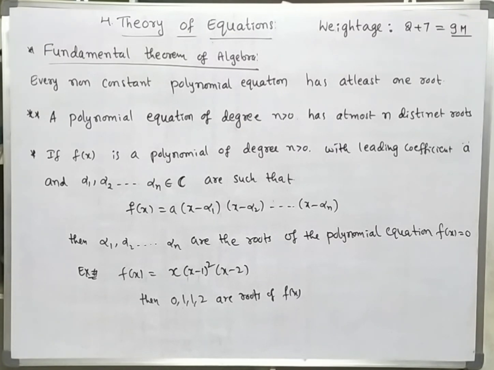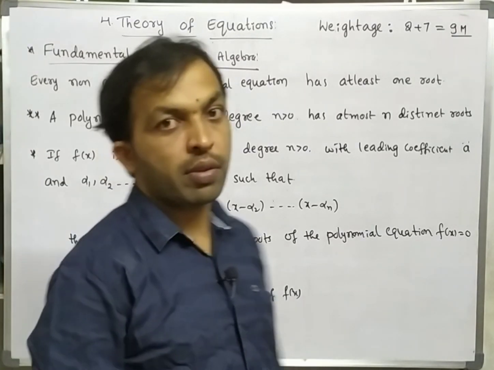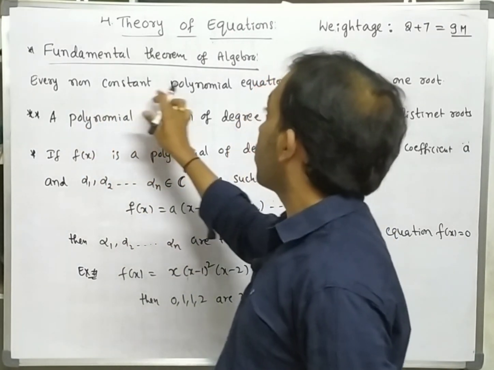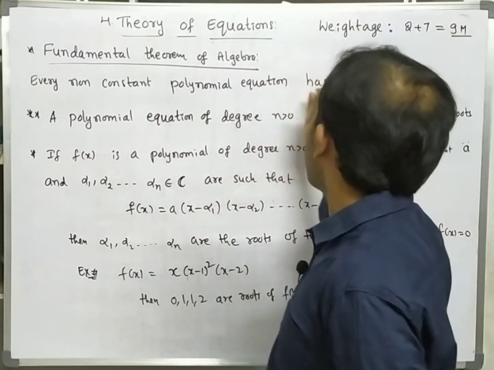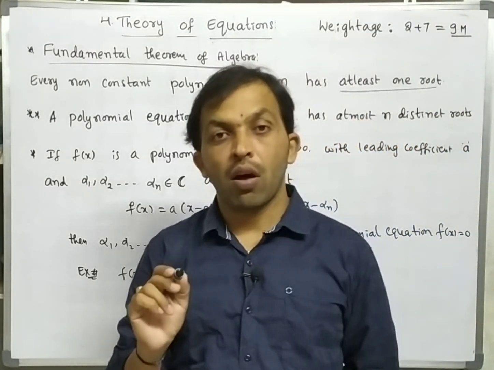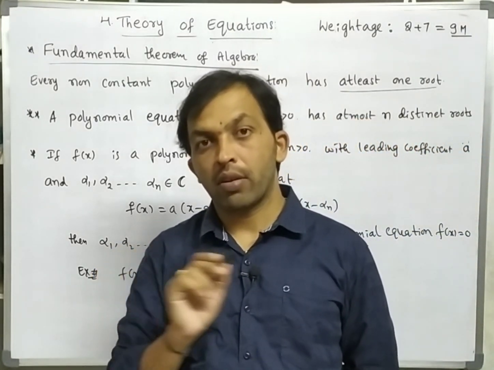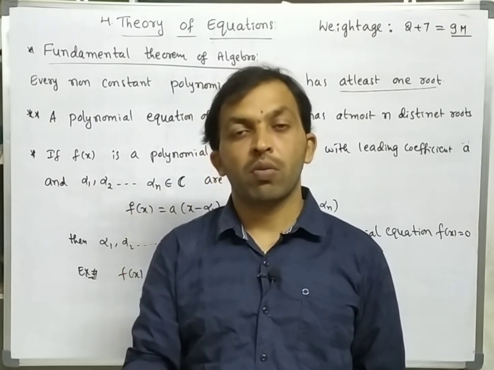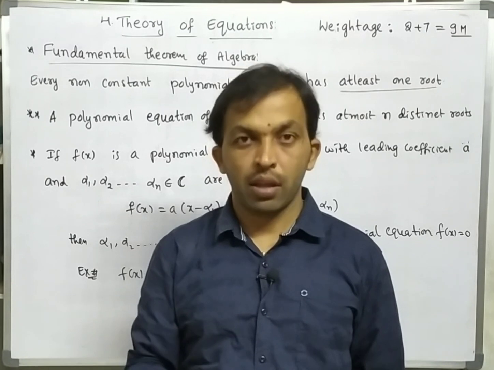Next, fundamental theorem of algebra. Important statement you should remember: every non-constant polynomial equation has at least one root. Non-constant polynomial means it is linear or quadratic or cubic or else.